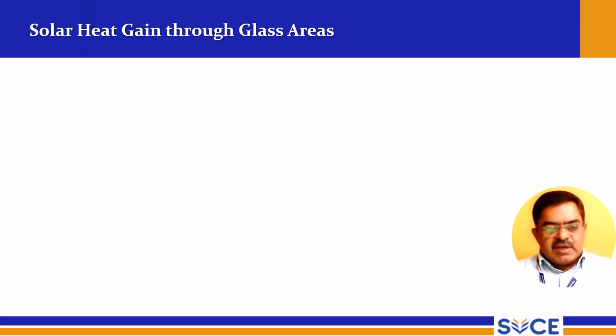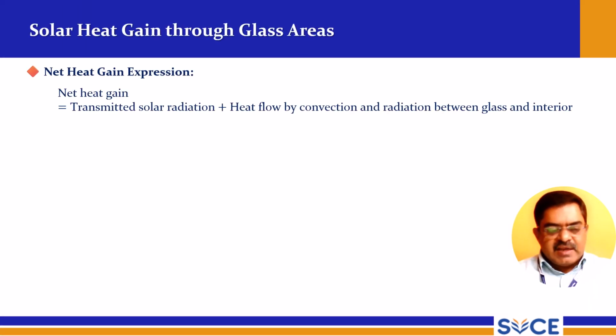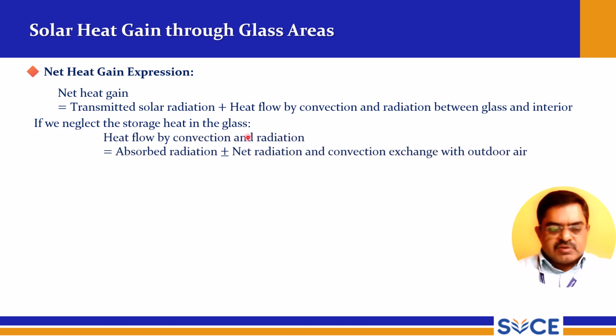For solar heat gain through glass areas, the net heat gain is equal to transmitted solar radiation plus heat flow by convection and radiation between glass and interior. If we neglect the storage heat in the glass, the heat flow by convection and radiation equals absorbed radiation plus or minus net radiation and convection exchange with outdoor air.